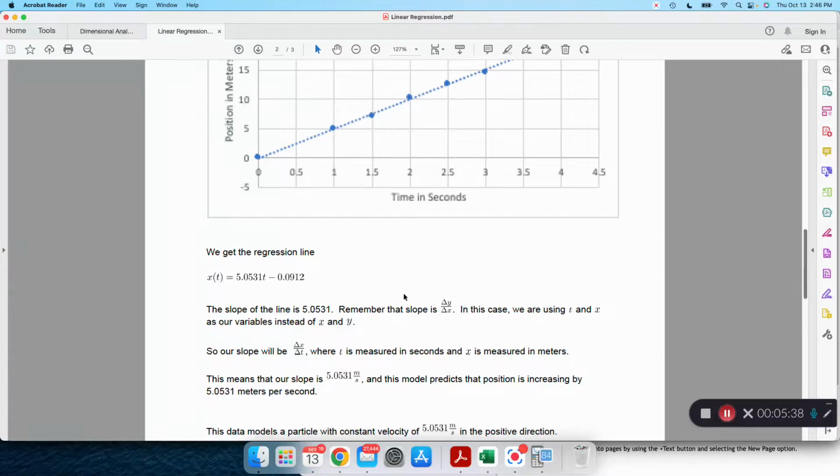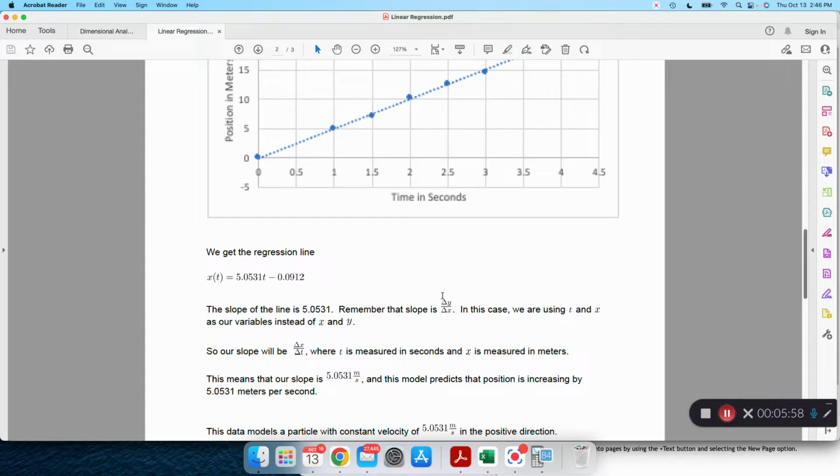Let's talk about what these numbers mean. Remember, the number beside my T here is my slope. What's slope measured in? When I say slope, you think change in Y over change in X. We don't have Y's and X's here. We've got T's and X's.